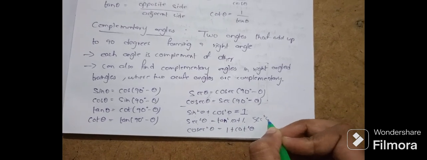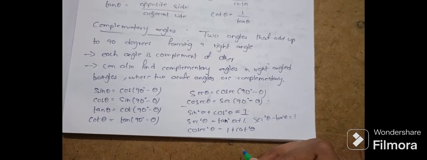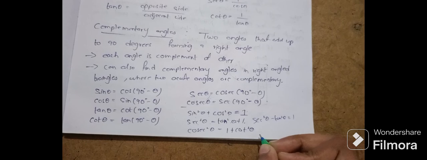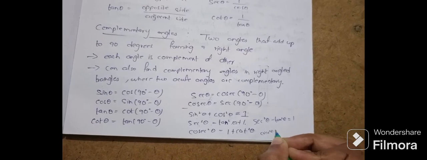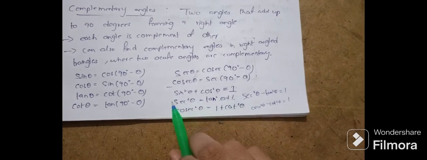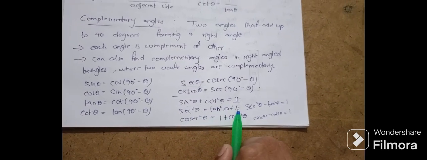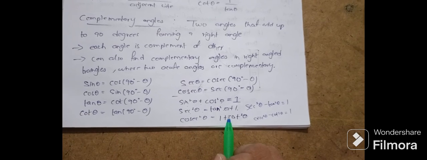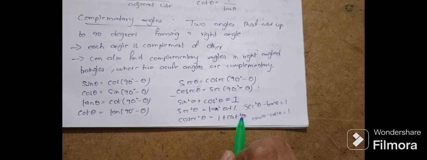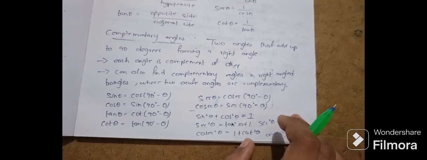Also in the same way, cosecant square theta minus cot square theta is equal to 1. The standard formulas are: secant square theta is equal to tan square theta plus 1 and cosecant square theta is equal to 1 plus cot square theta. So in the place of 1 we can take this or this or this, etc.